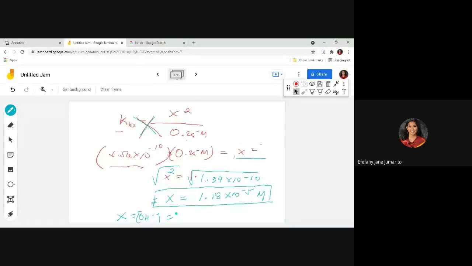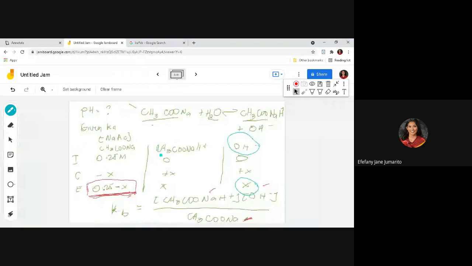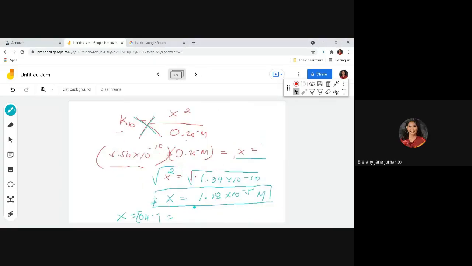Now we know that x is equal to the concentration of OH minus. If I ask you what is the concentration of CH3COOH, it is still the value of x. That is also equal to the concentration of CH3COO minus.